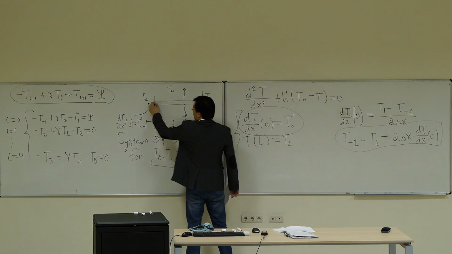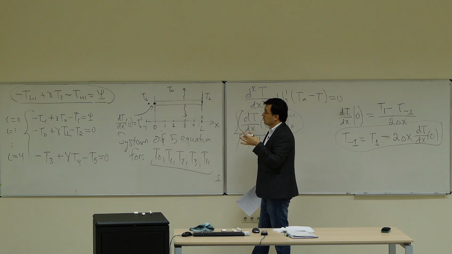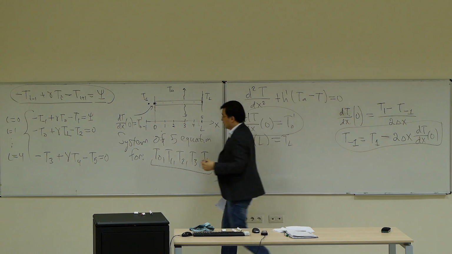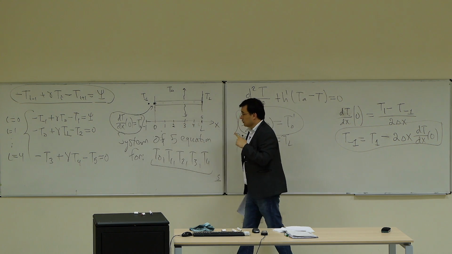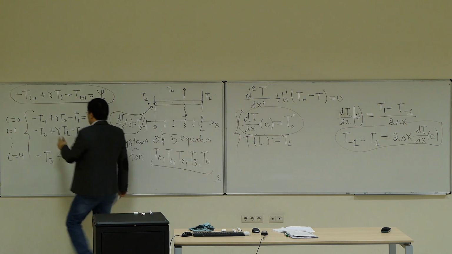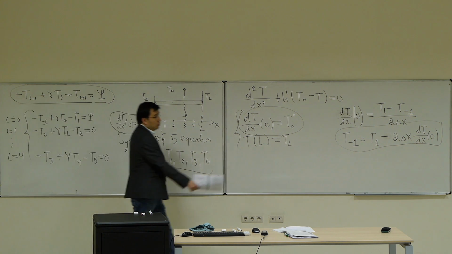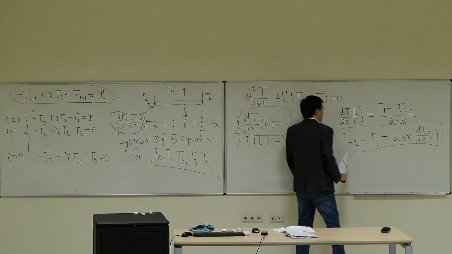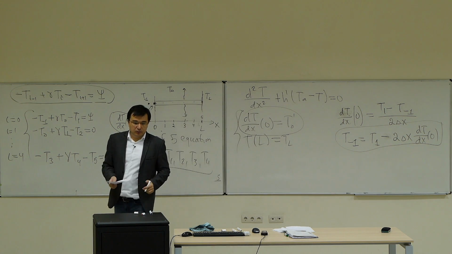Because I don't know t0 anymore. I have to find t0 also. I don't know the temperature there. I know the derivative of the temperature there, which is given by this, but I don't know the temperature. So I have to find that too. And the solution of this linear algebraic system gives me exactly that. Okay? So this is how we can implement Neumann boundary condition, derivative boundary condition. Okay, that's all I wanted to say for today.